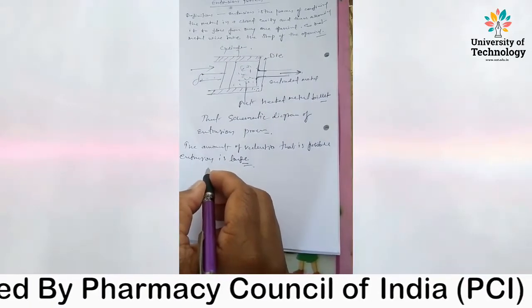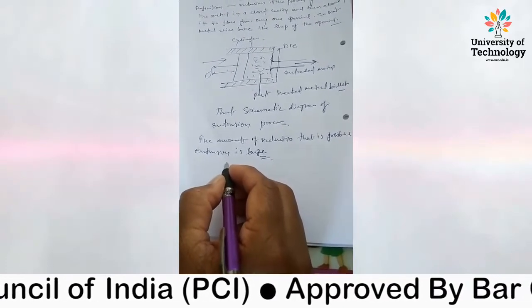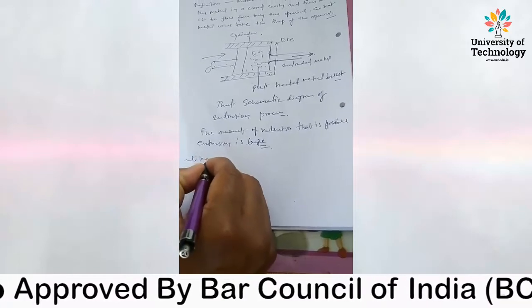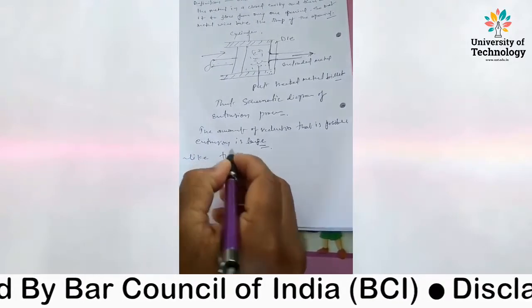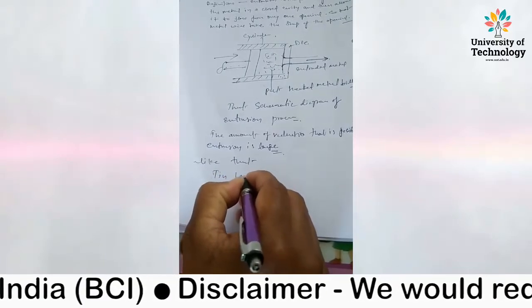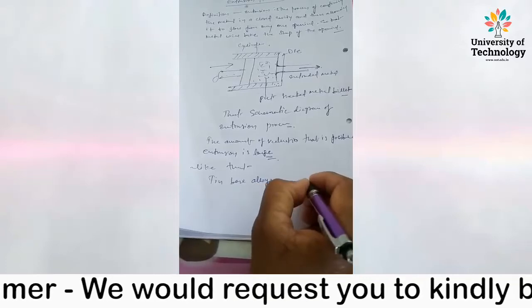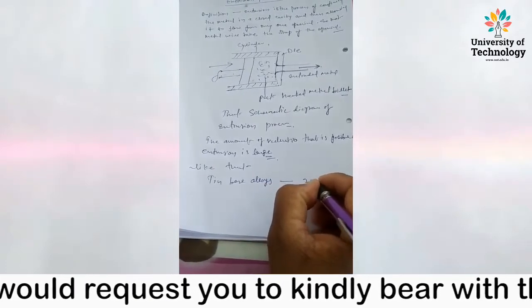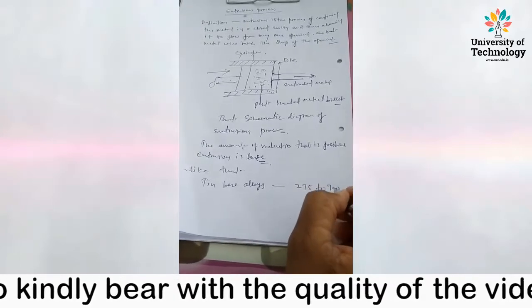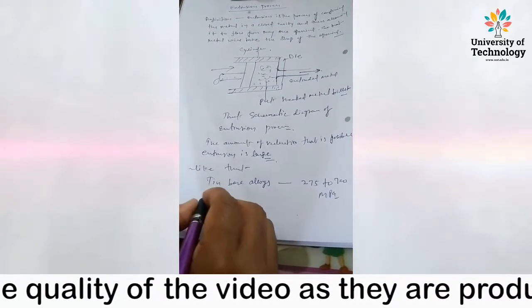Next, we can see some materials and their extrusion pressures. Tin base alloys have 275 to 700 megapascal pressure required for extrusion.